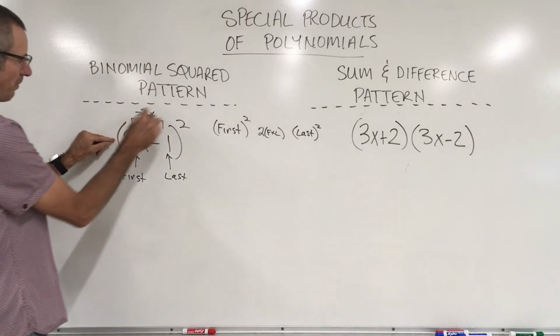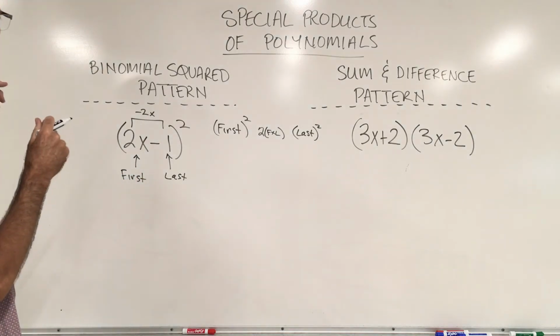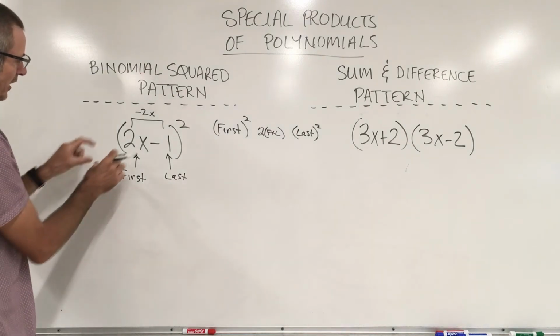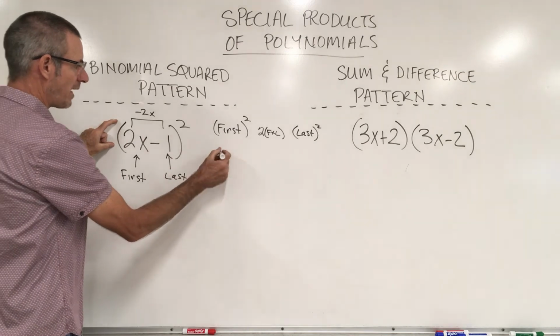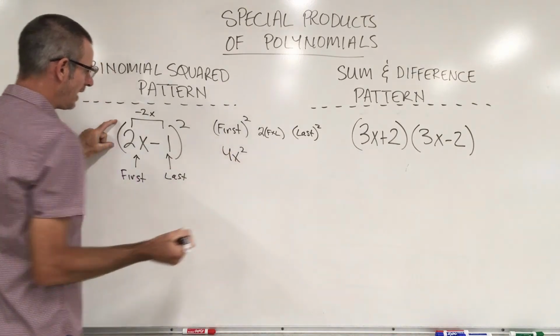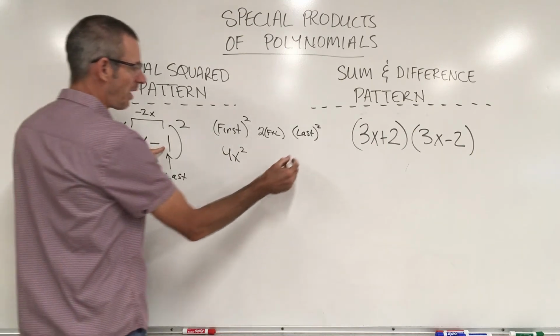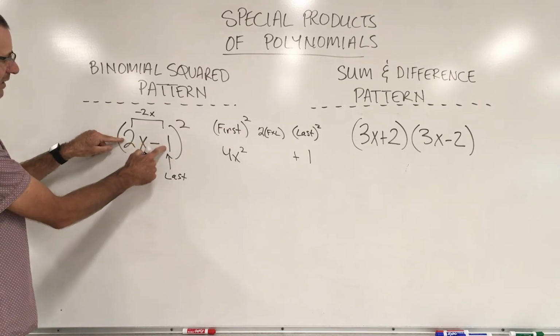So when I look at a problem like this, instead of using the distributive property or making a table or using FOIL, I'm just going to look at my first term and go, oh, 2x squared. That's 2x times 2x, which is 4x squared. I look at my last term. Negative 1 times negative 1 is positive 1. And then I look at what I got when I multiplied my first and last.